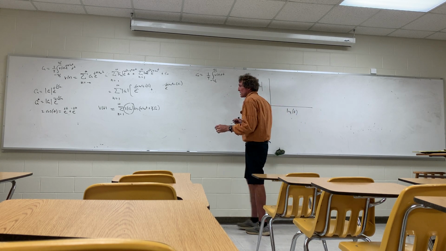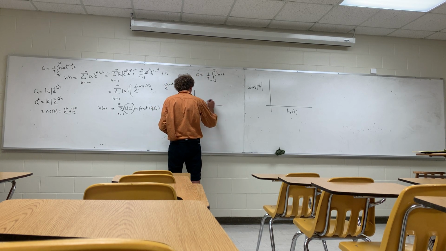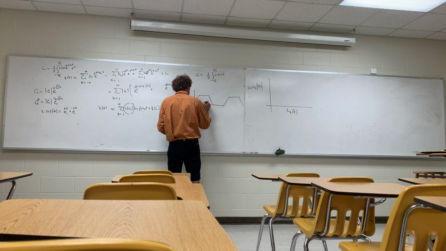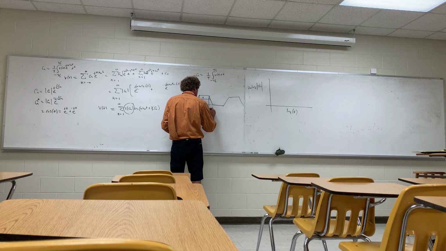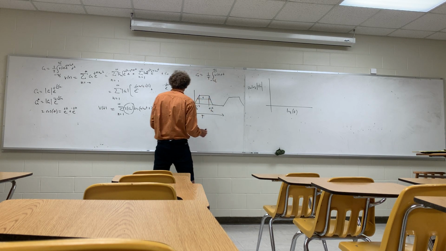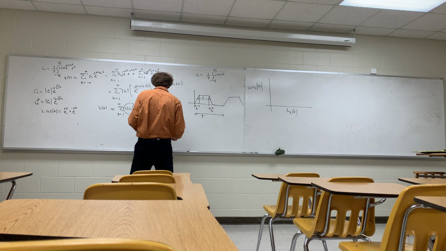Now, for the standard trapezoidal wave that we just saw, where we have this, and this is tau. This is tau rise. This is tau fall. And this is the period T. We find that has the form of c of n. I erased it, but I'll put it down here.